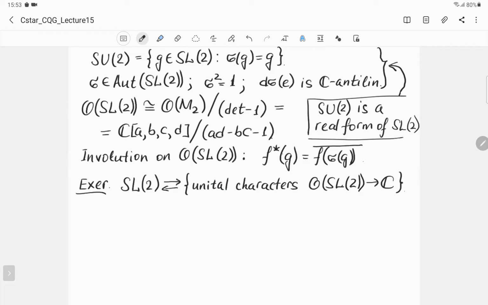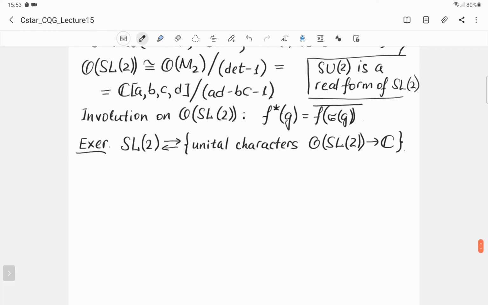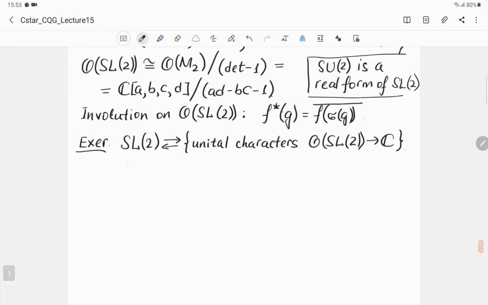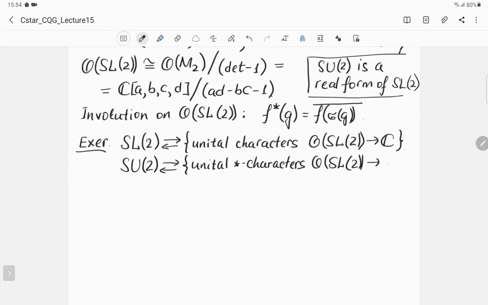We just take any point in SL2 and consider the respective evaluation character. Under this correspondence, SU2 corresponds precisely to the set of all unital star characters of the same algebra. So our star algebra of regular functions keeps all information about SL2 and about SU2.